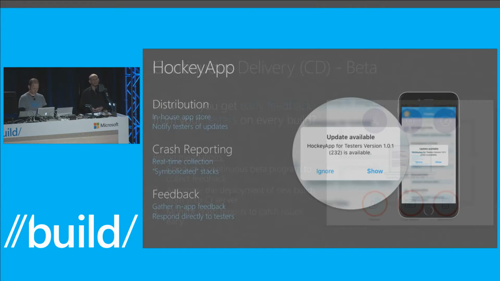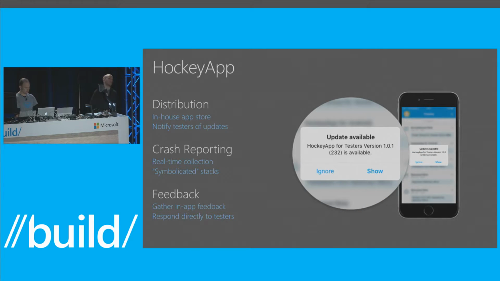And so what we're going to discuss now is another product that is part of our mobile DevOps platform called HockeyApp. Many of you may have heard of it. It was featured in the keynote. HockeyApp is an amazing platform for mobile developers, and if you haven't heard of it before, I hope you take away that this is something you should look into immediately.